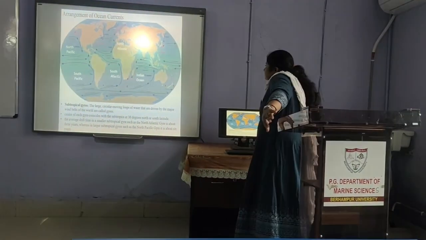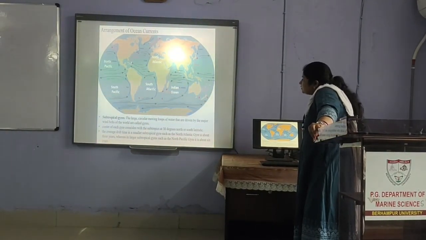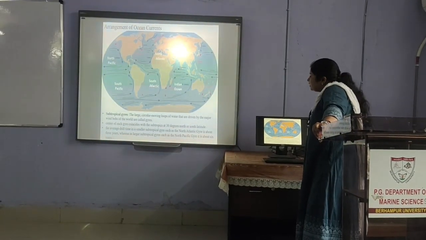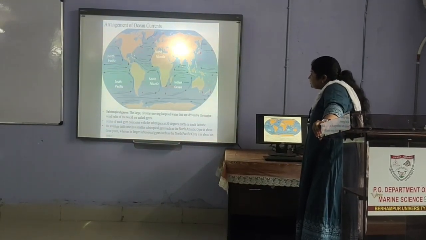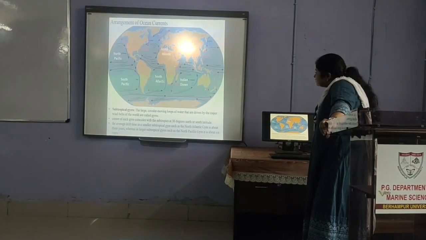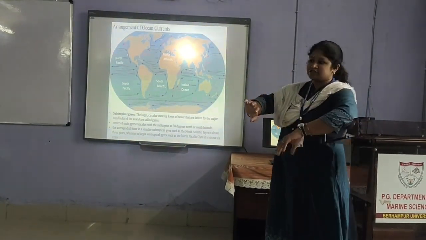If we look very closely, in each western part you will find a red color current. See, this is the Gulf Stream, then the Kuroshio, then the Agulhas. These are all in the western part of the ocean basin.